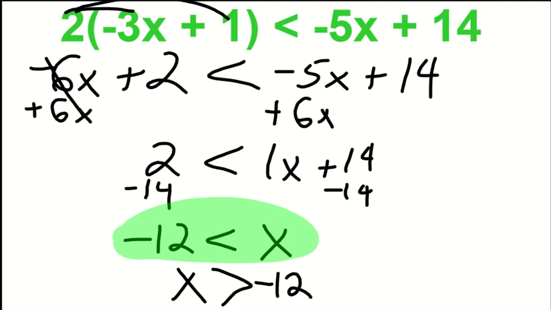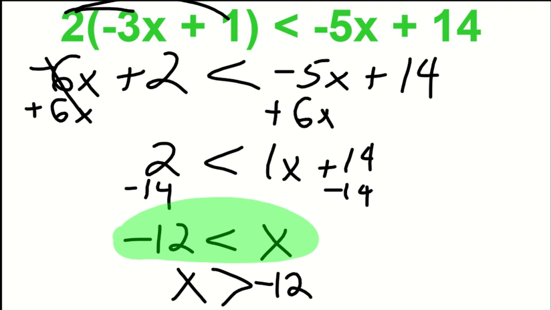So if you take the variable and the numbers and make them switch sides, that's when we got to flip the inequality sign too. So if you highlight it in green and it's number, inequality sign, variable, if you flip it, you got to flip that inequality sign too. Y'all with me on that? Y'all see what I'm talking about?